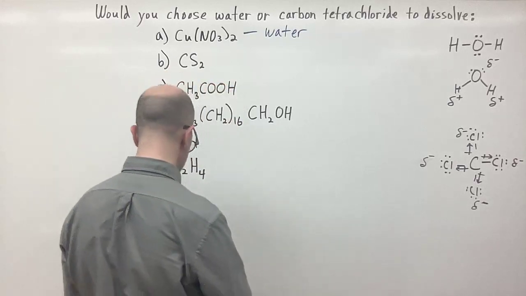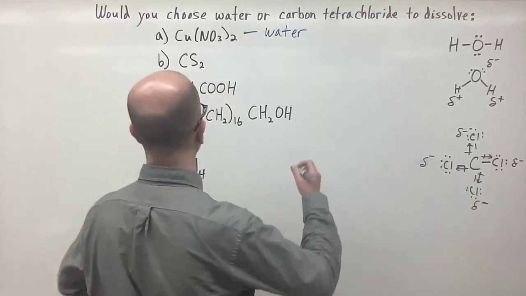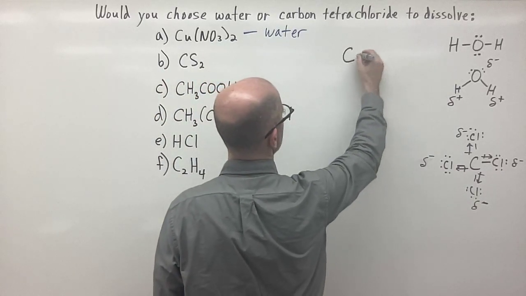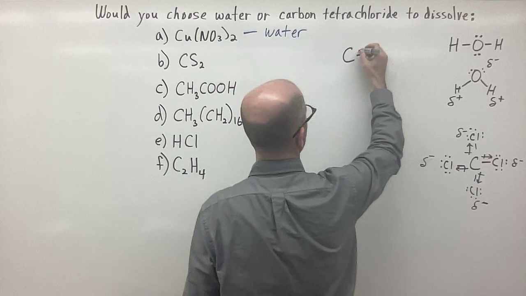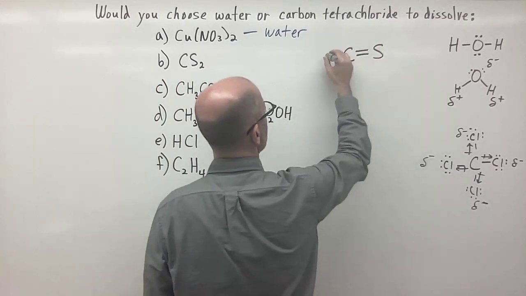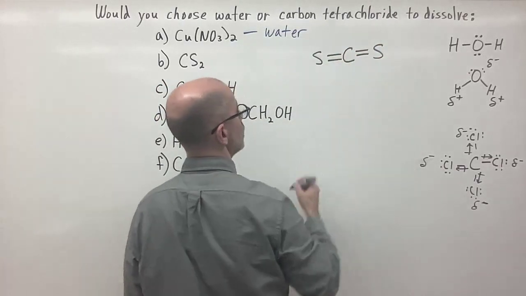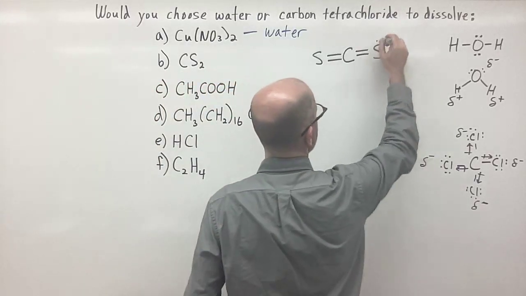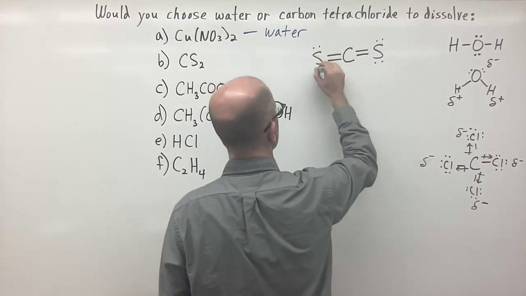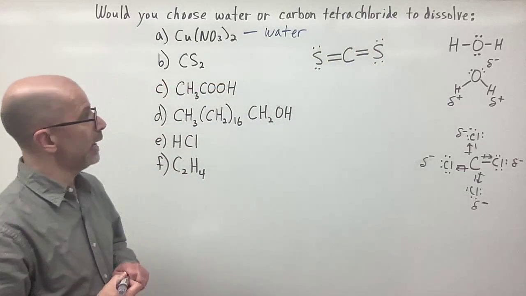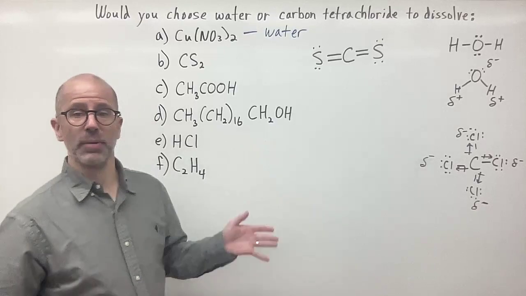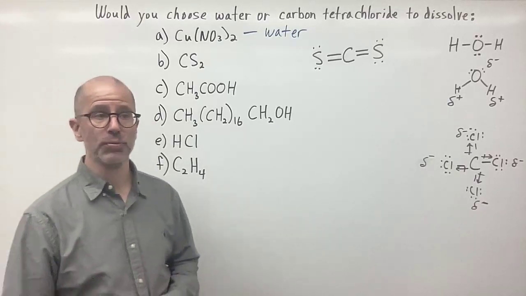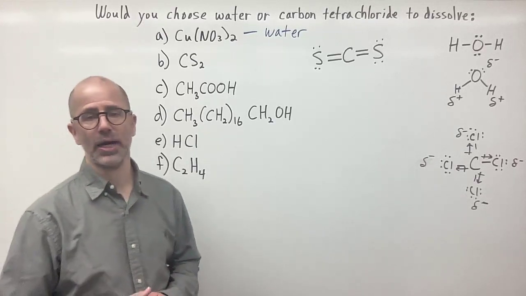If we write out the Lewis dot structure of CS2, we would have carbon in the middle and two sulfurs. They will both be double bonded to the carbon, and each of the sulfurs would have lone pairs. Very much like oxygen, since oxygen and sulfur are in the same group, sulfur just below oxygen.